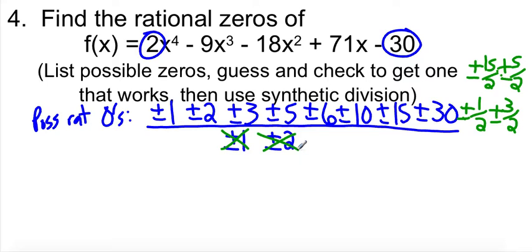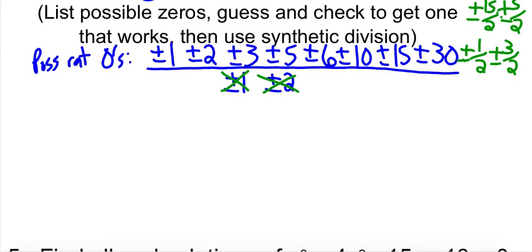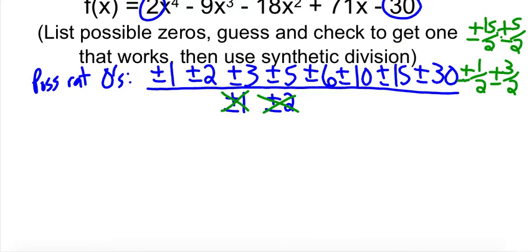Let's try plugging in 2. 2 times 2 to the 4th minus 9 times 2 to the 3rd minus 18 times 2 squared minus 30. Oh, that one worked. Fantastic. Okay, so 2 worked. I'm going to do synthetic division on that so we can get a depressed polynomial.